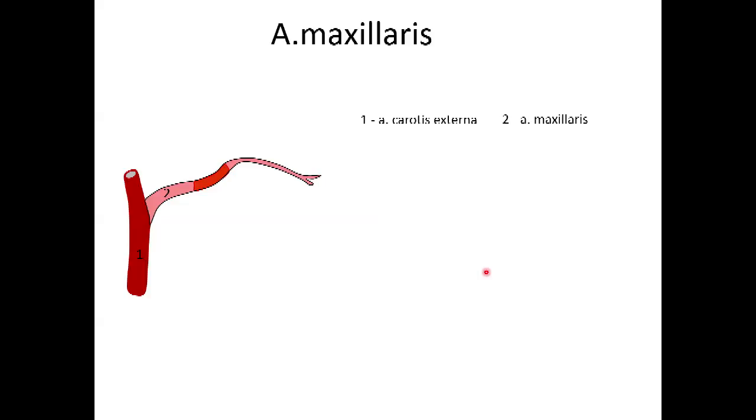You can see that I use here 3 different tones of the red color, so we can distinguish 3 different sections of arteria maxillaris. So there is the first section, which is designated with light red color.